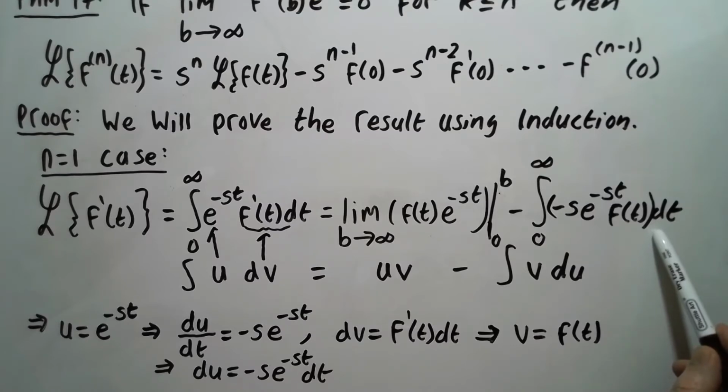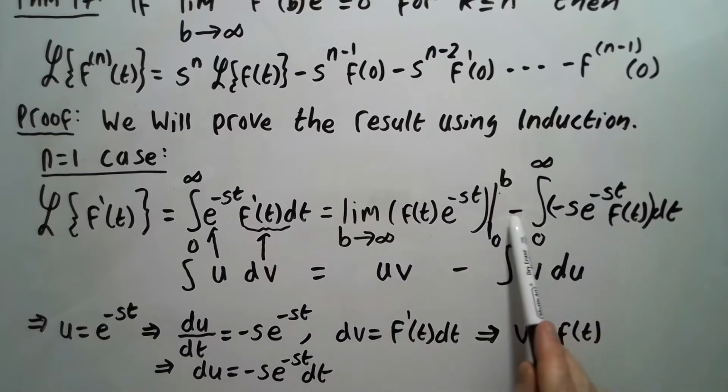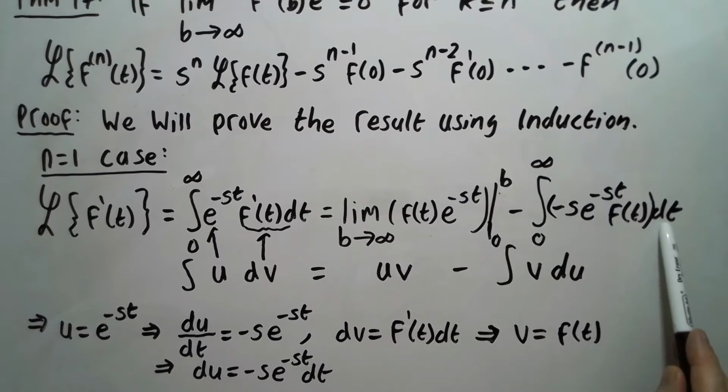Okay, so let me erase a few things and we'll keep going here. Actually, these two minuses will cancel and become a plus. I can pull the s out because the integral is with respect to t. So let me erase the bottom and we'll keep going.